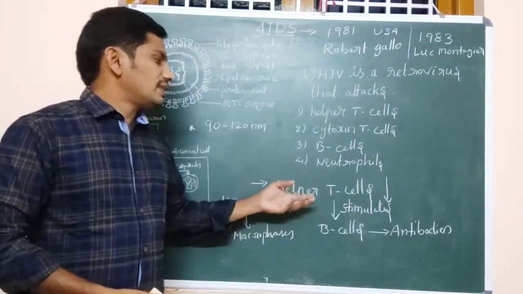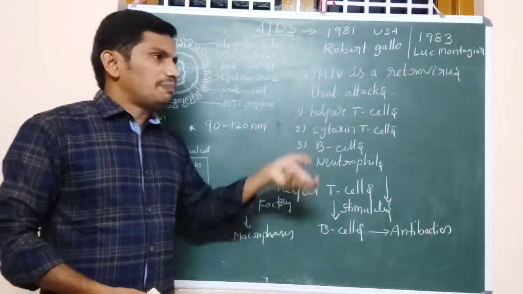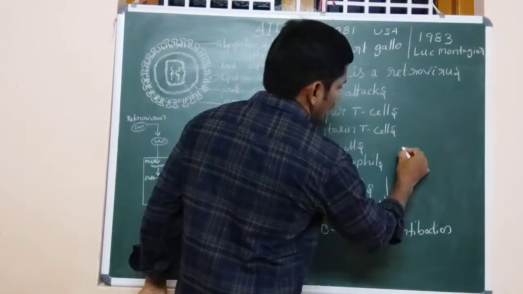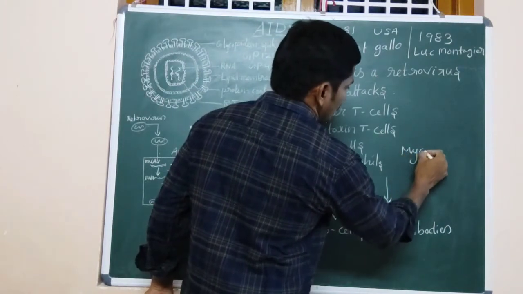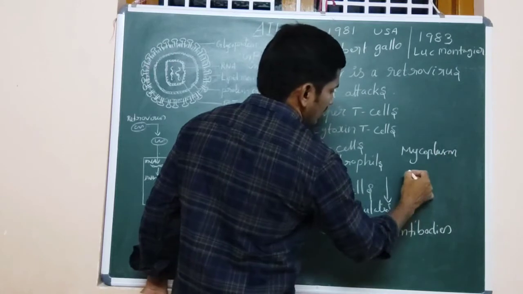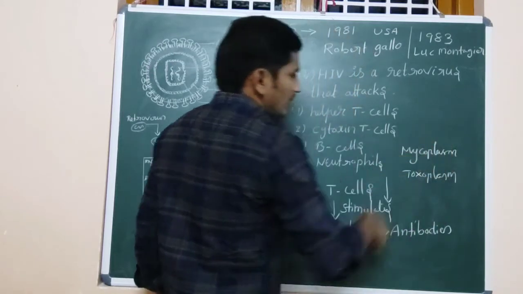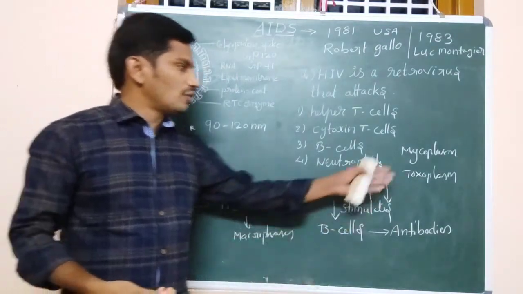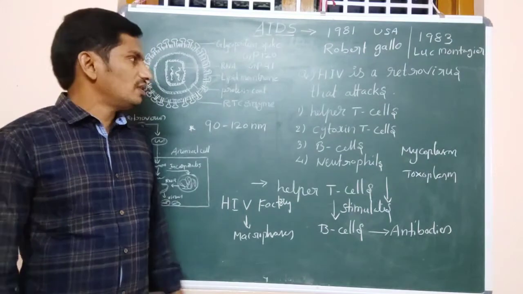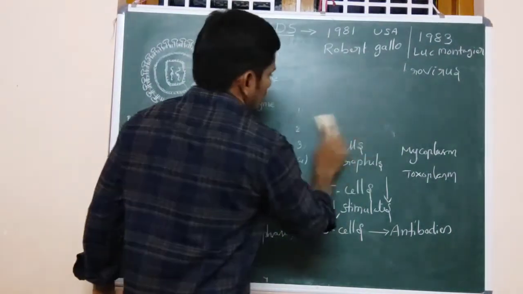Due to that, T lymphocytes gradually decrease. That's the reason the person has weak immunity. They are mostly affected with bacterial diseases, mycoplasma, fungi and toxoplasma, and also weight loss, diarrhea and fever. These are the common symptoms.